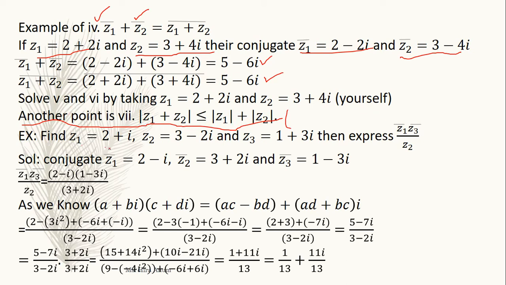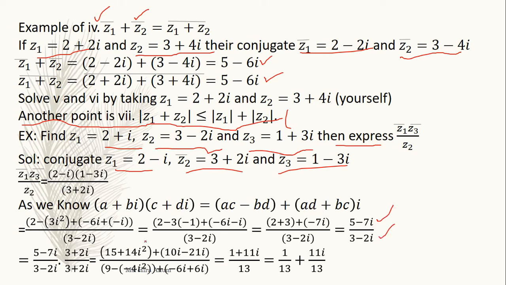Find z1 equals this, z2 equals this, and z3 equals this. Then express this: we have to take the conjugate of these numbers and divide by this number. Taking the conjugate of z1, z2 and z3, we multiply, and it becomes 5 minus 7i over 3 minus 2i.